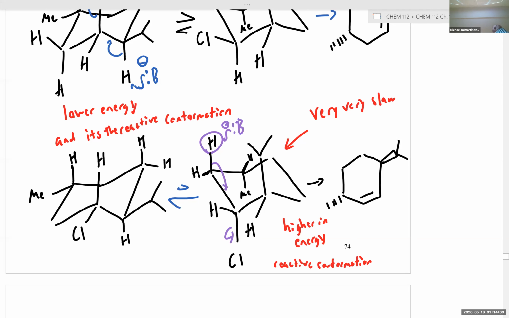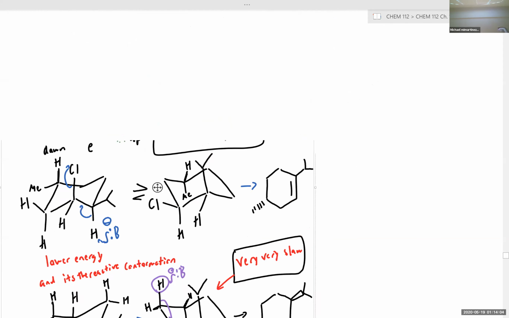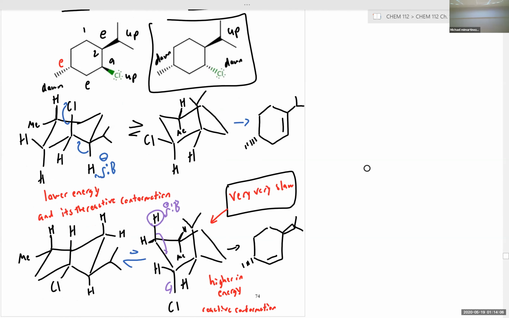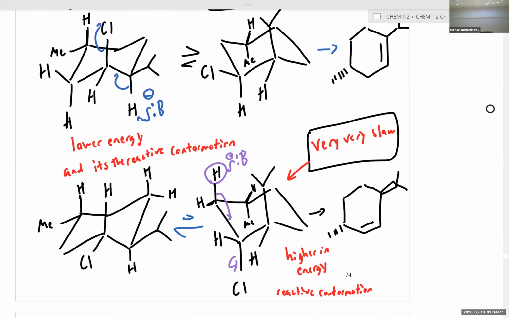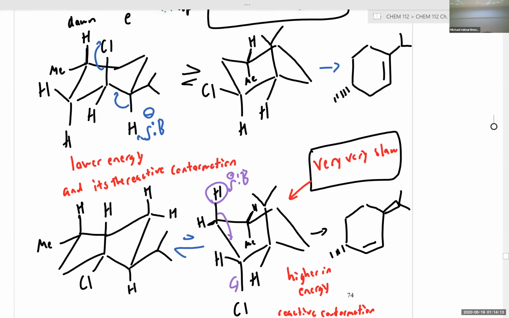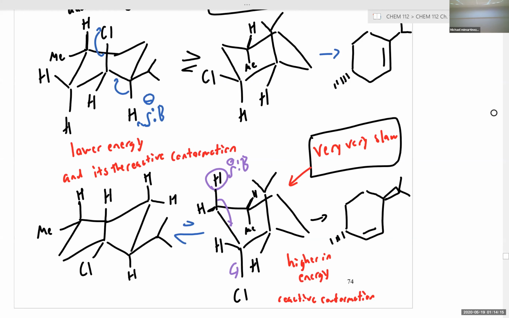So the thing I want you to take away from this is that if your reactive conformation requires you to place bulky substituents in the axial position, your reaction is going to be very, very slow. Further, your product regioselectivity for an E2 reaction is dictated by having a trans-diaxial arrangement of your hydrogen and your leaving group.